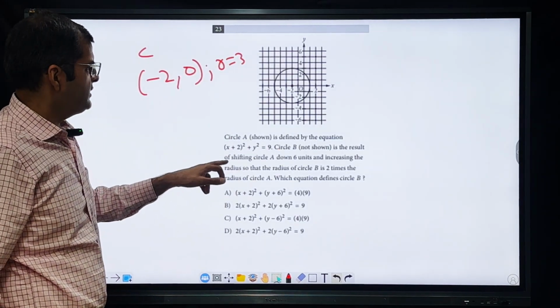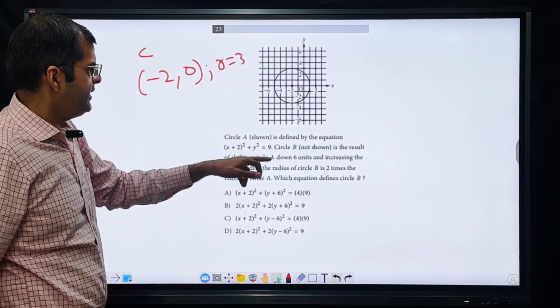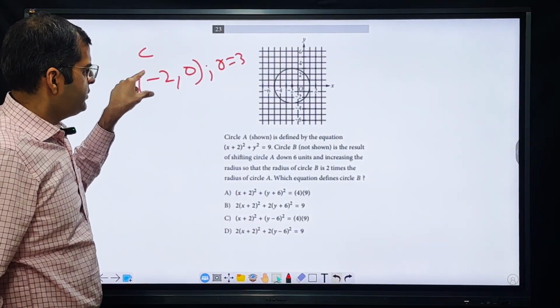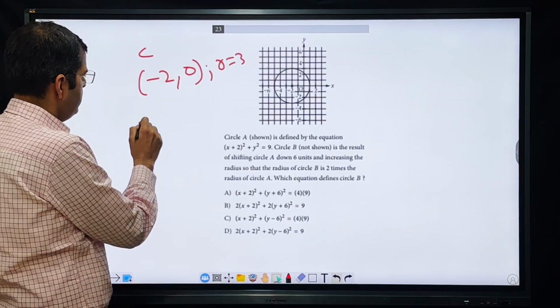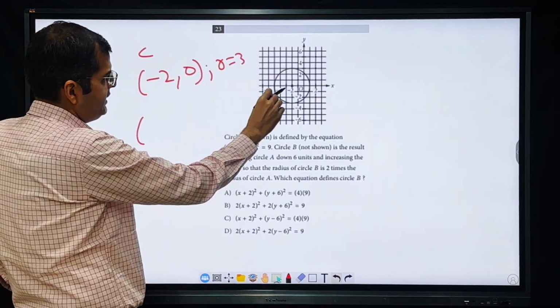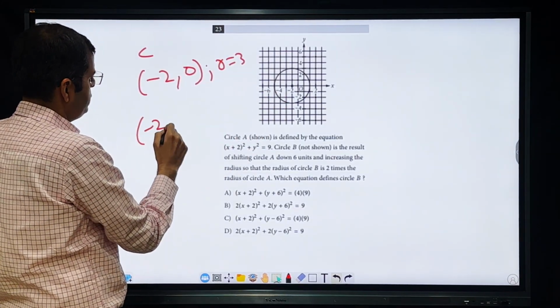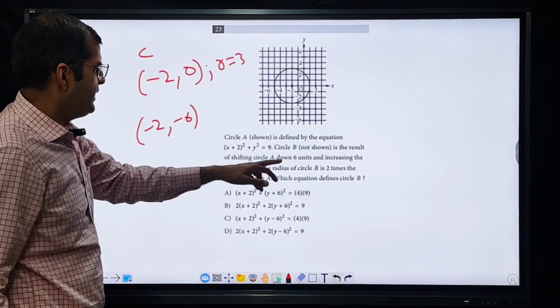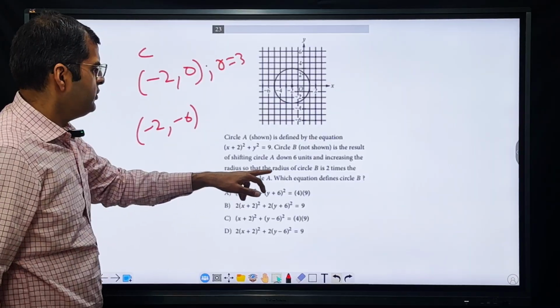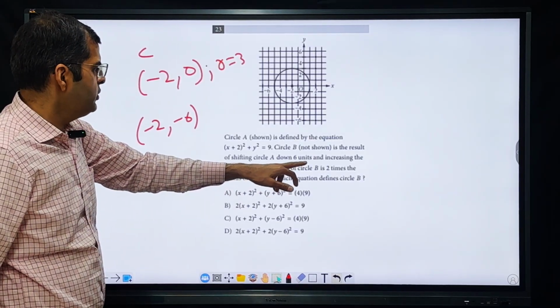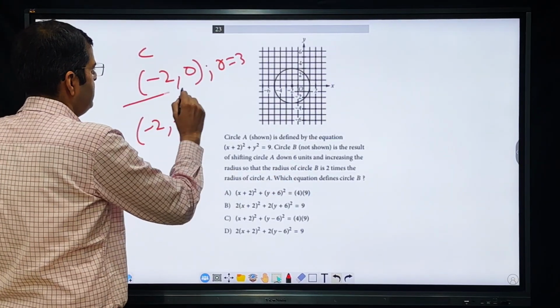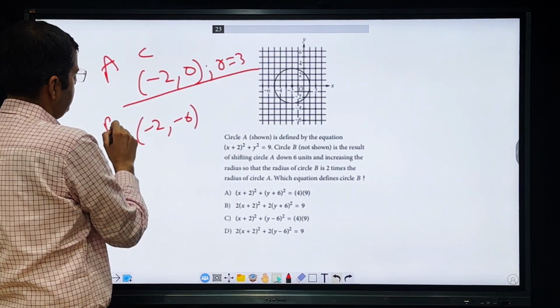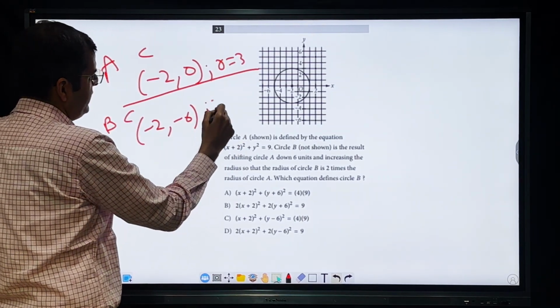Circle B, not shown, is the result of shifting circle A down 6 units. So it goes down 6 units. So the center x coordinate is -2 and the y coordinate becomes -6. And increasing the radius so that the radius of B is 2 times the radius of circle A. This is circle A. For circle B, this is the center and the radius becomes 6.